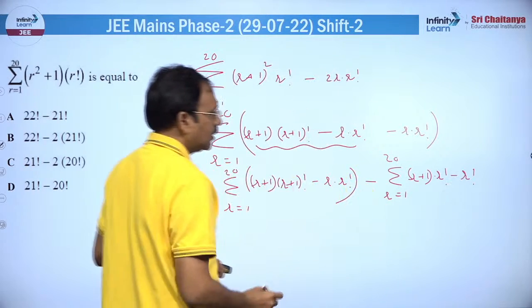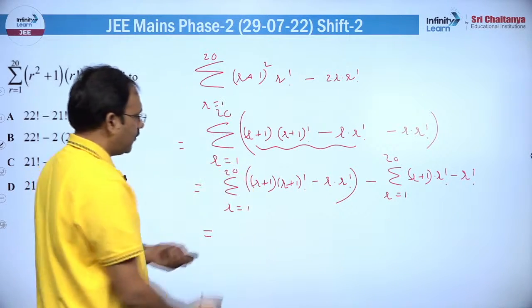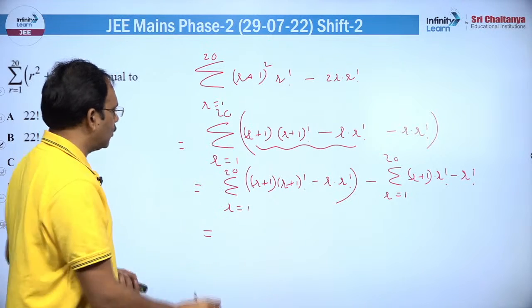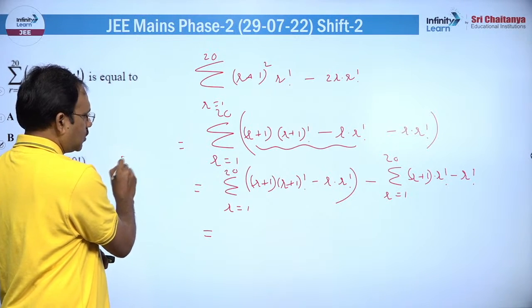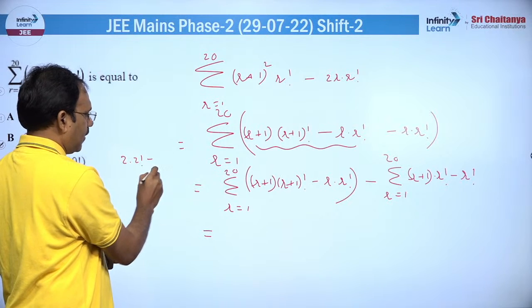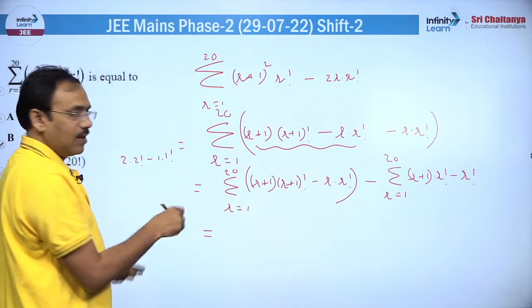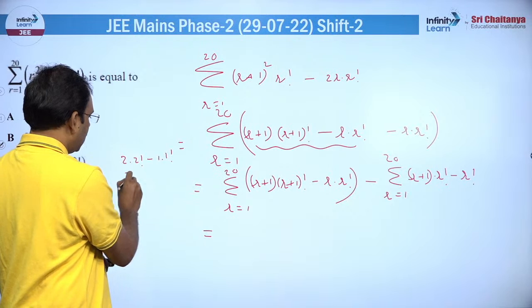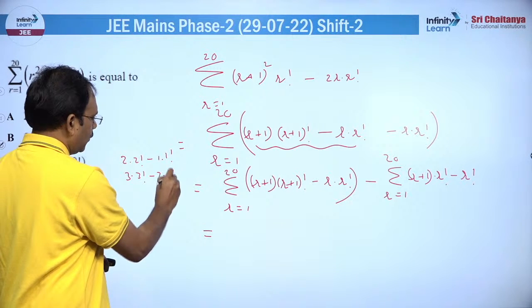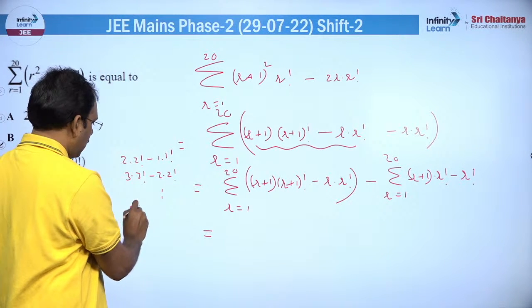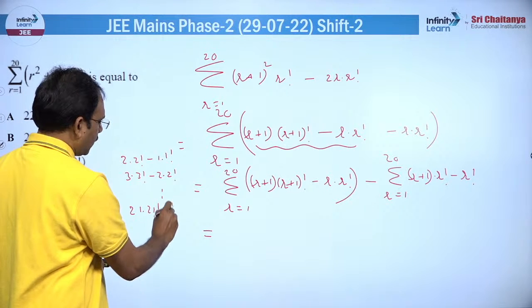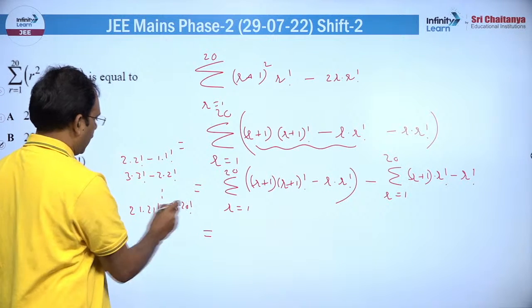So if you just expand, put r equals 1, you will get 2 into 2 factorial minus 1 into 1 factorial; r equals 2, you will get 3 into 3 factorial minus 2 into 2 factorial, and so on, up to 21 into 21 factorial minus 20 into 20 factorial.